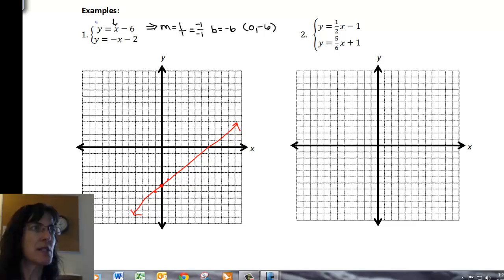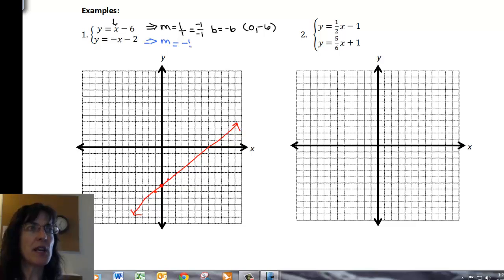We show systems with this nice little curly brace, and that tells us we're dealing with a system. So let's look at the second line in our system. This one has a slope of negative 1. I can see it because of the negative in front of the x.